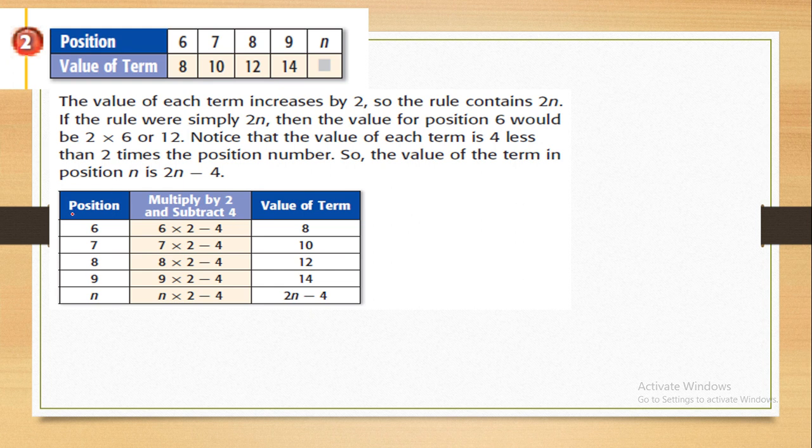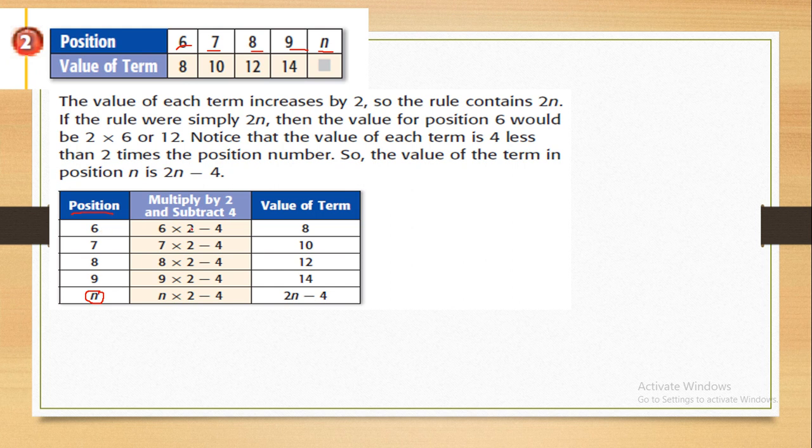So first of all, let's write the positions: 6, 7, 8, 9, and n, okay? The n is the unknown that we don't know yet. He wants you to find it. So let's do it. We said the rule here is multiply by 2, then subtract 4.